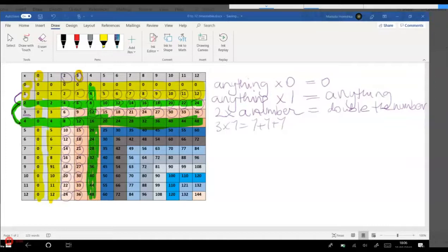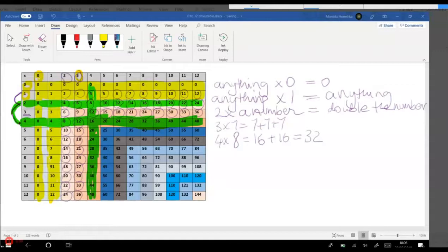So if I want to work out 4 times 8, for example, I can do 2 times 8, which is double 8. So double 8 is 16, and then add 16, that gives us 32. So that's a nice trick to use.